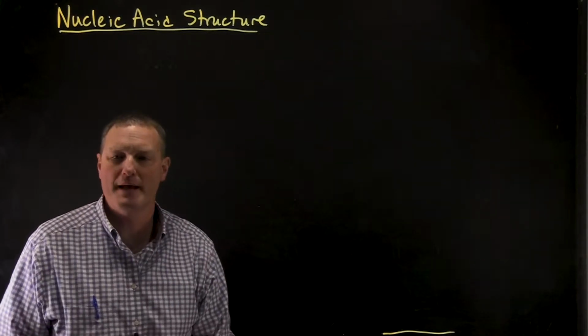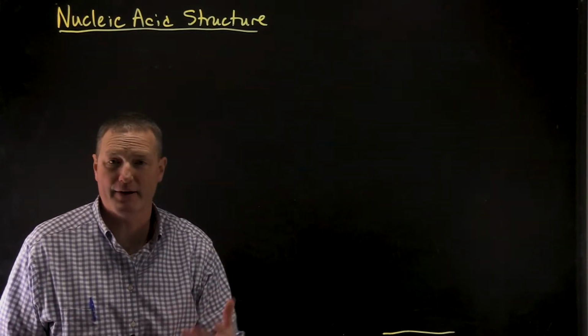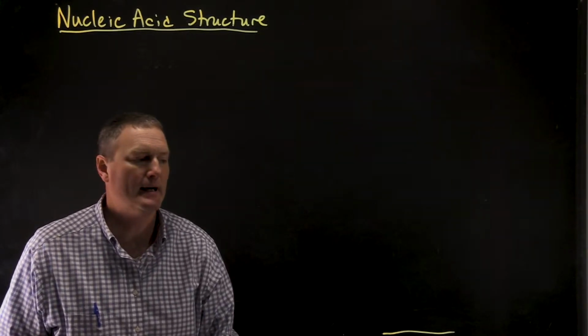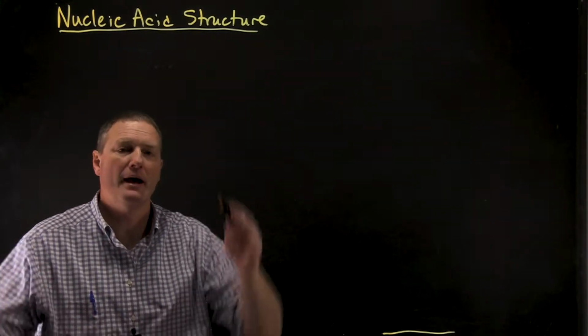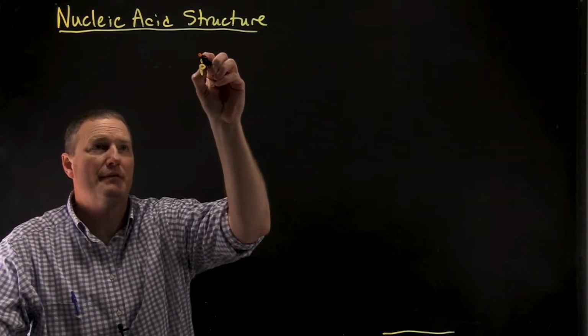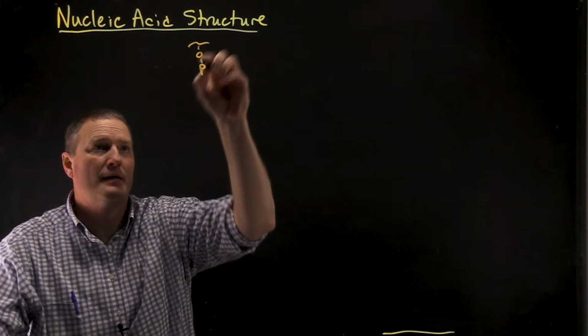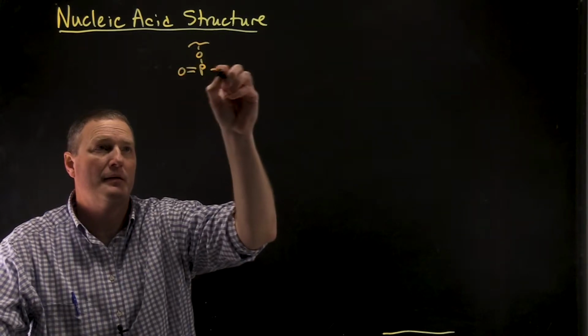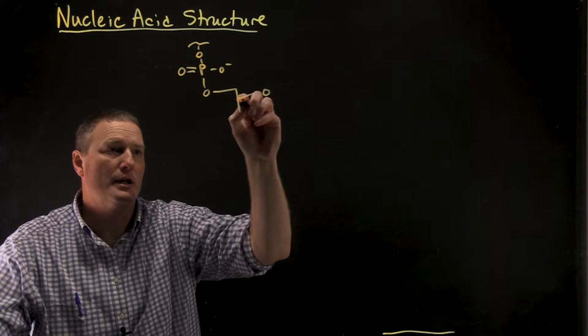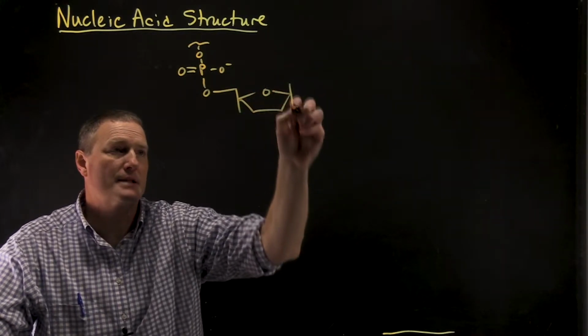So if we were to draw out now the sort of secondary structure of nucleic acids, which is going to be the polymeric sort of linear shape of many nucleotides linked together, let's just start up here with a phosphate. And what I'll do is I'll put on a deoxyribose sugar.